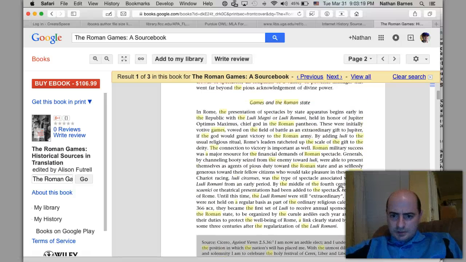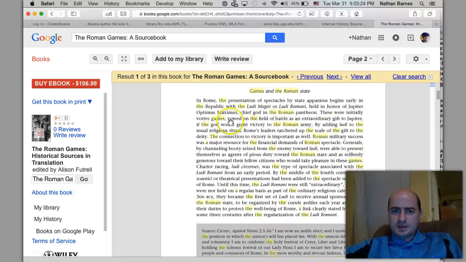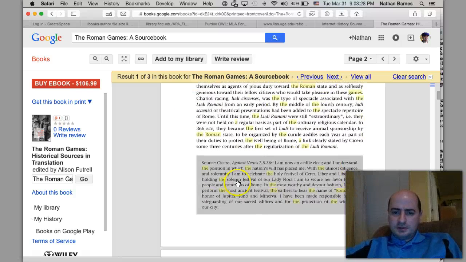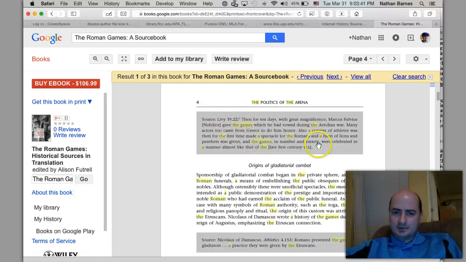Okay, let's see here. You have games in the Roman state, so you have an explanation from the author, and then a little source here from Cicero, Against Verres 2:536. So that's the bibliographic information for the source, and then the translation. And again from Livy.